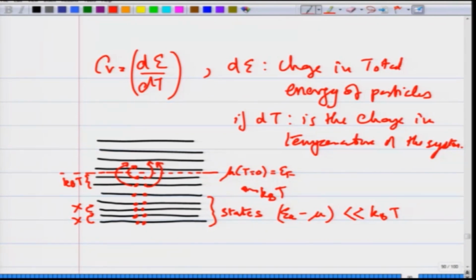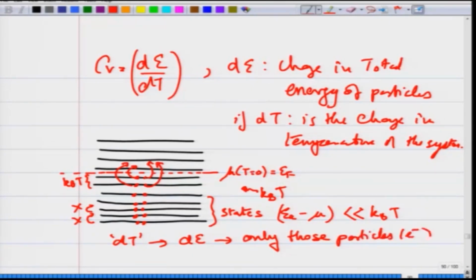So, because of excitation of particles which are around the Fermi energy, when you change the temperature, the total energy of the particle changes, and only those particles or electrons which are near the Fermi energy participate in the excitation.